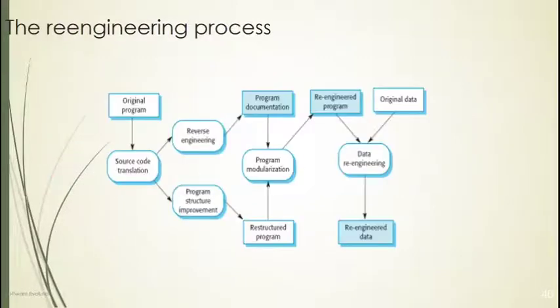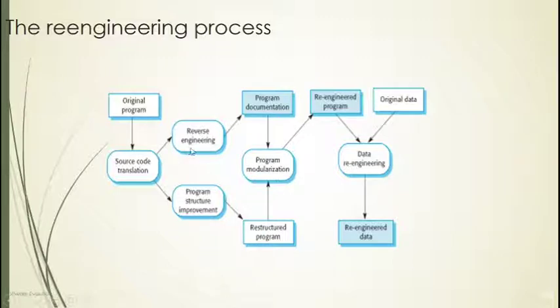Next we'll see the re-engineering process. Here you can see the original program, that is the program or application or software which already exists, and source code translation. Then the reverse engineering process and program structure improvement.